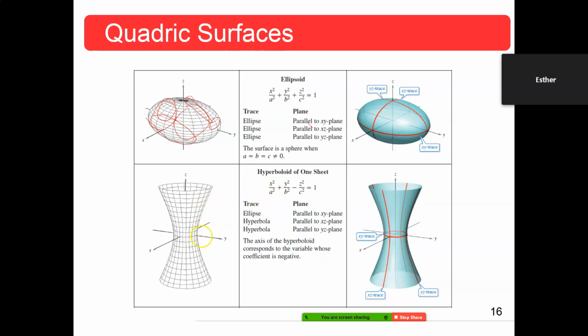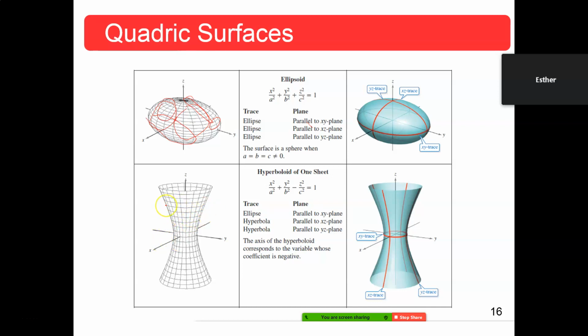Well, remember, the shapes that open opposite ways on opposite sides are called hyperbolas, and every one of these traces would then be a hyperbola.